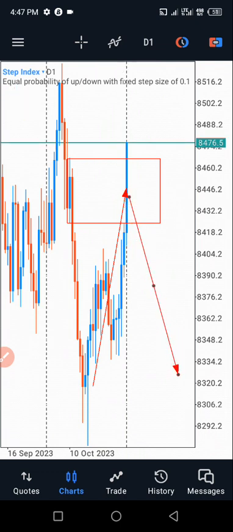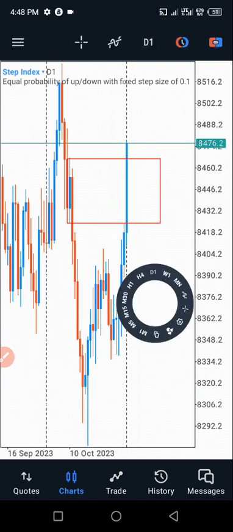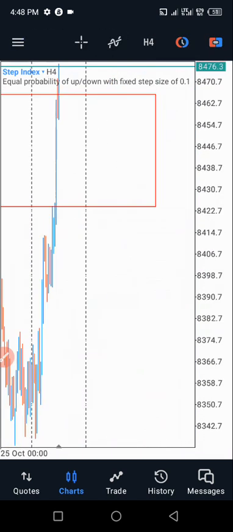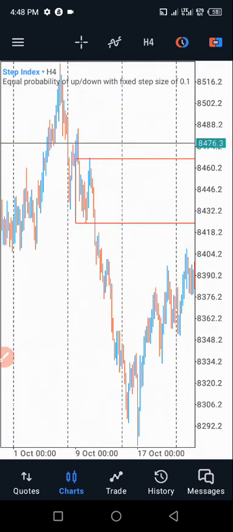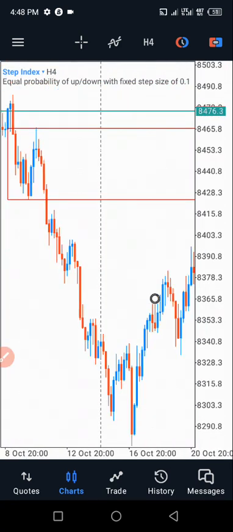Okay, so I'm going to tell you how the trade decision was made. So after identifying the order block on the daily time frame, I switched down to the 4-hour time frame, and I noticed an imbalance on the 4-hour time frame right here.